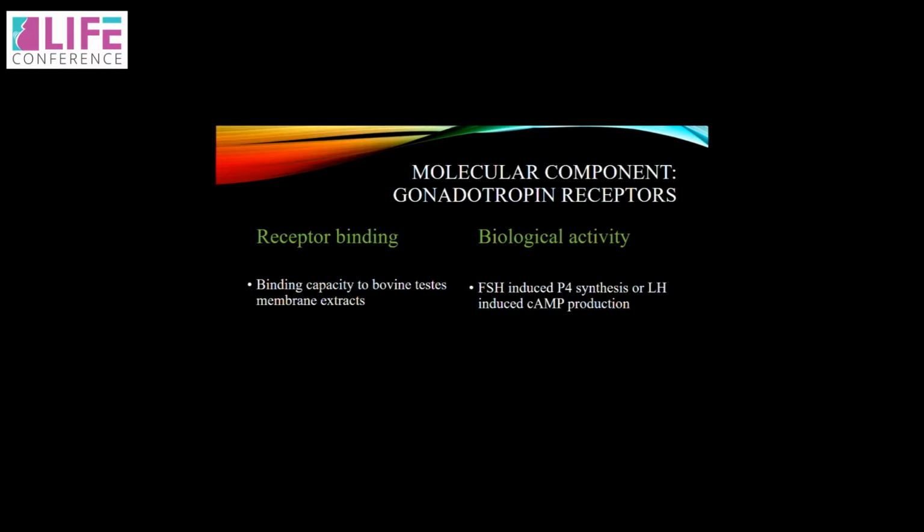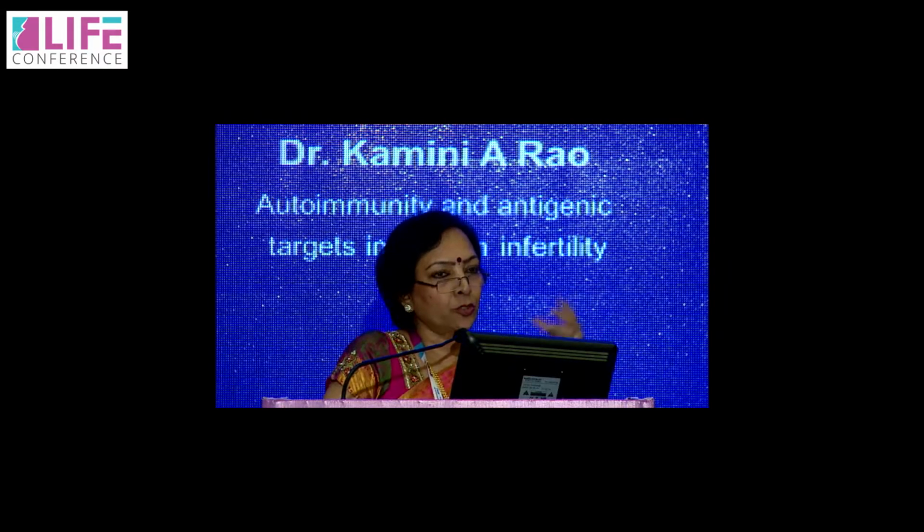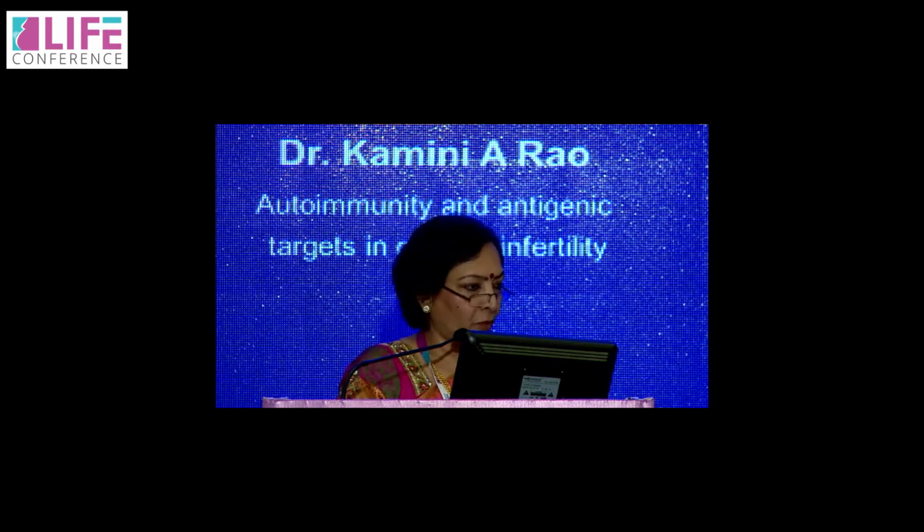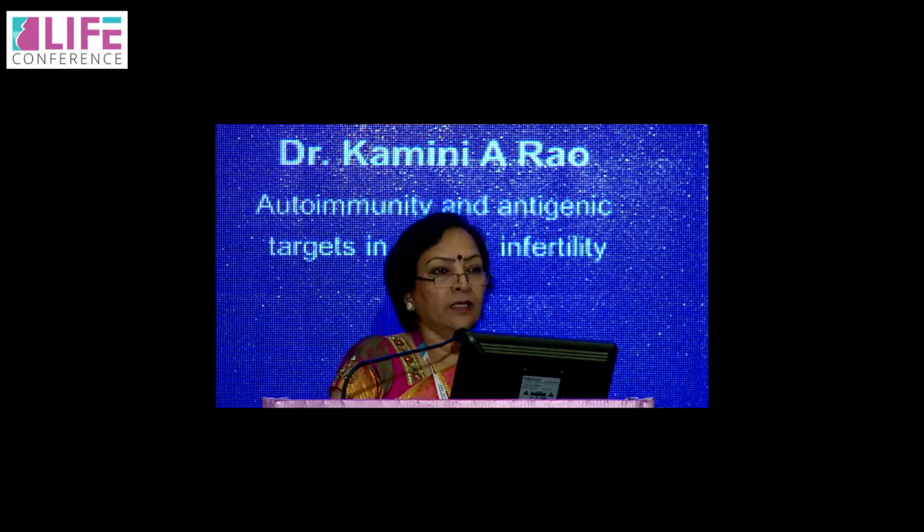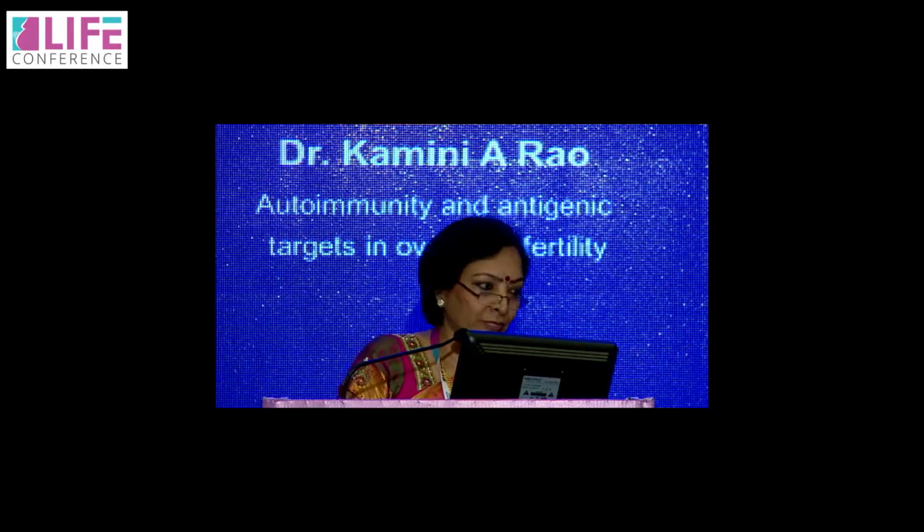So what about the molecular component of gonadotrophin receptors? How often have you seen that you give patients a very large dose of gonadotrophins and you still get no follicles coming out, making sure that the FSH is normal and the LH is also normal, and in such situations by giving larger doses of gonadotrophins you still do not get follicles. Now this would be the antibody to the gonadotrophin receptors.